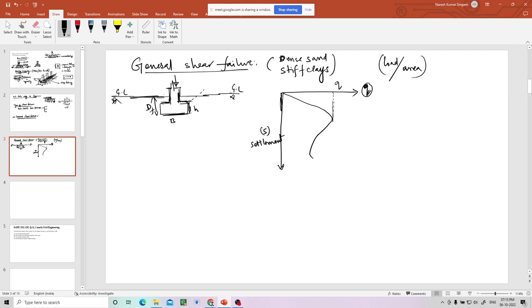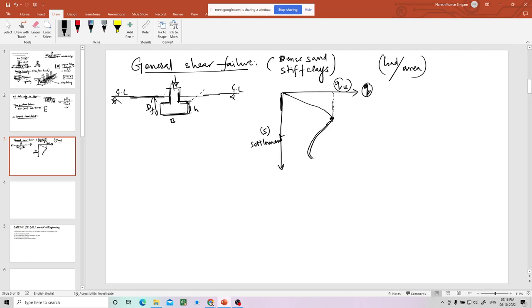This is the ultimate pressure. At a certain load intensity, q equal to qu, the settlement will suddenly increase without taking any further load. In fact, the load carrying capacity will decrease after this point.